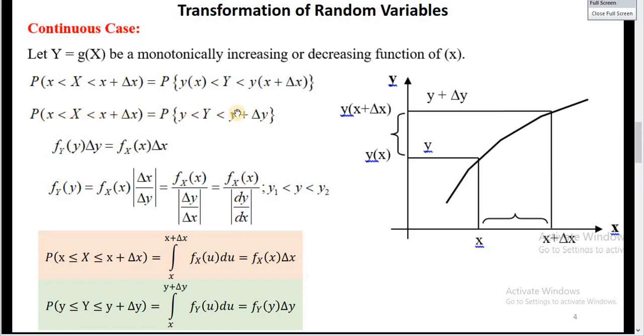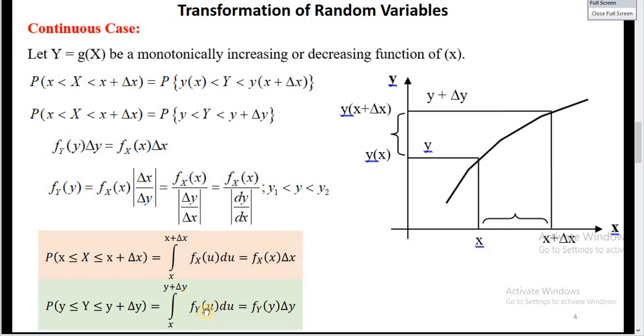Now we want to find the probability that y is between y and y plus delta y. Similarly, because of the monotonicity of the function, the probability that y falls between y and y plus delta y, that is within a differential length delta y, is the area under the unknown probability density function f of y.